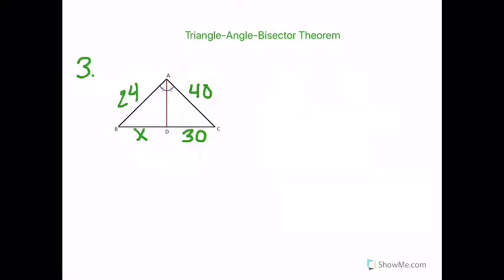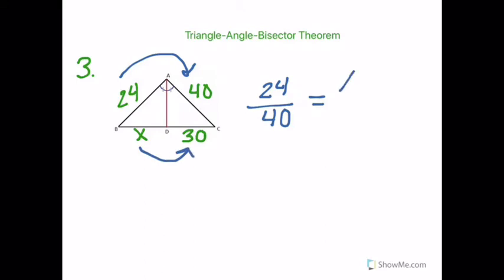All right, number 3. Side AB is 24, side AC is 40, and that third side, BD is x and DC is 30. So let's set up our proportion. So 24 over 40, starting with those two sides of the triangle, and then looking at that third side that's been divided into two pieces, x over 30.